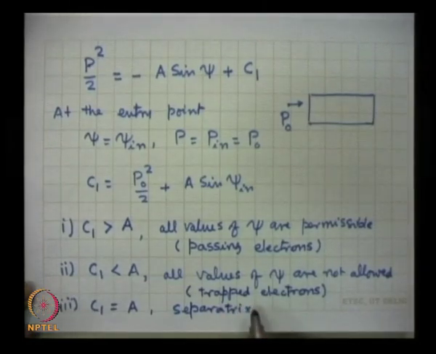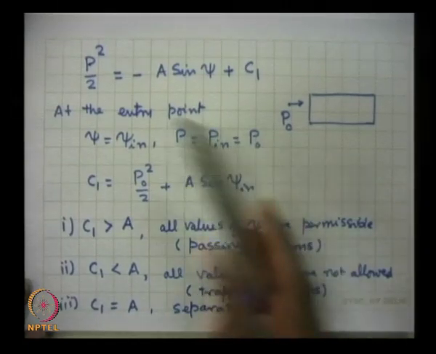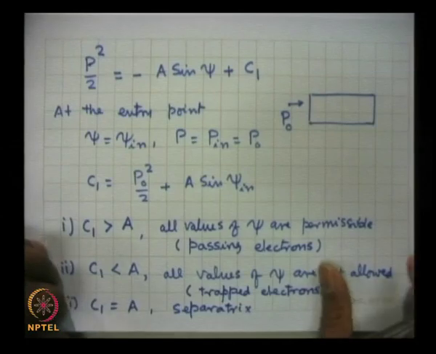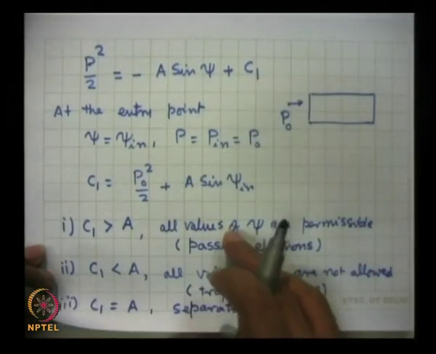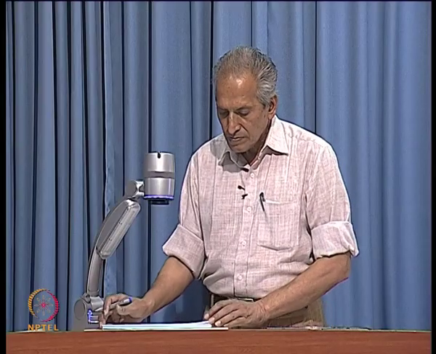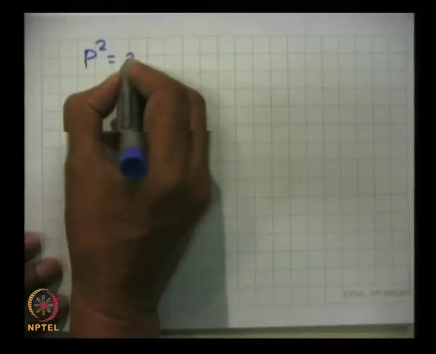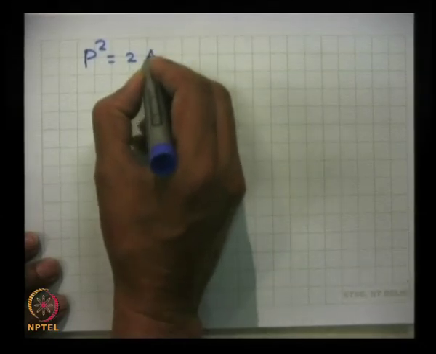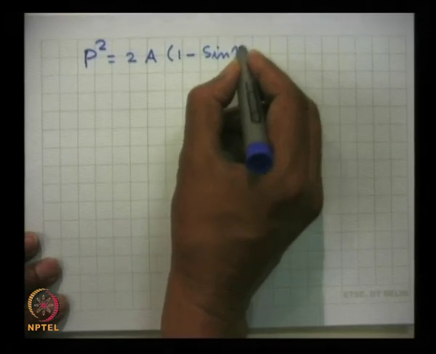It is instructive to plot the separatrix and see what is the character of this curve, P versus psi. When C1 is equal to A, I take C1 is equal to A, then this equation takes the following form. P square is equal to twice A into 1 minus sin psi.